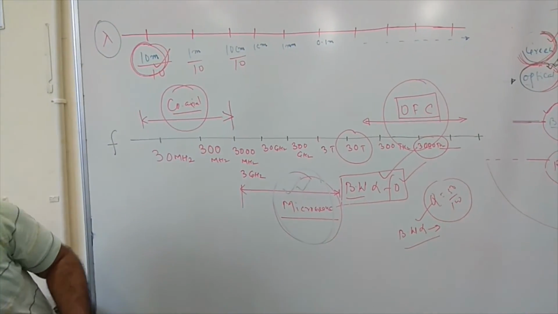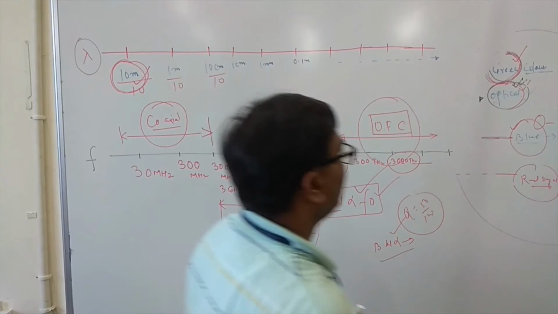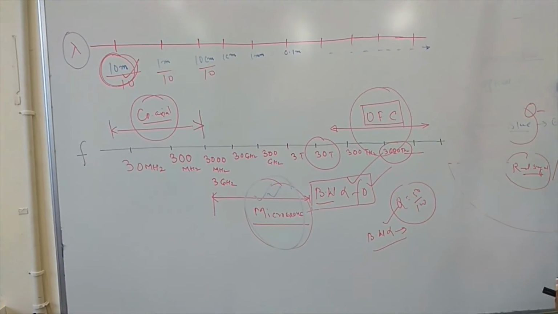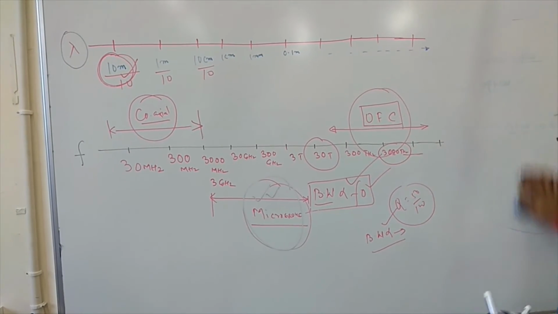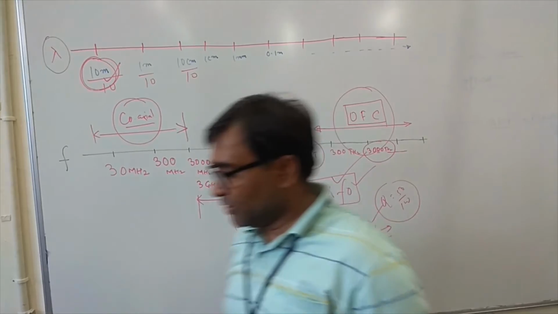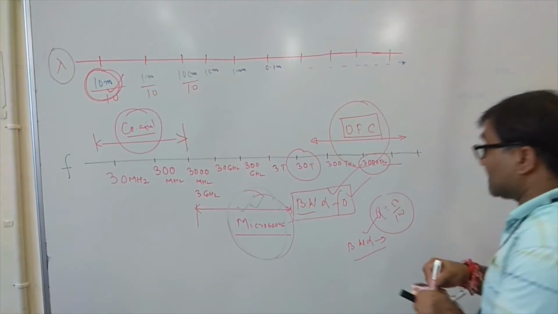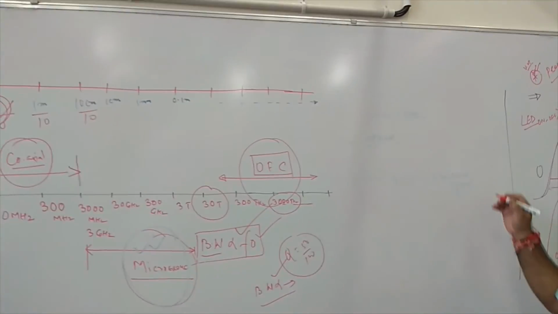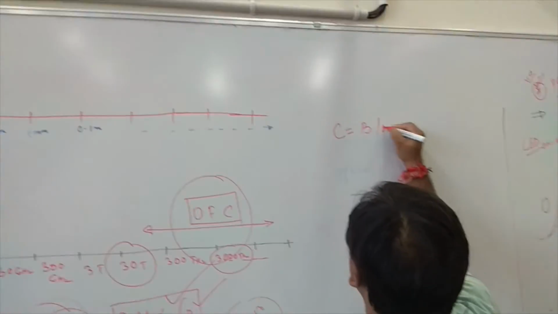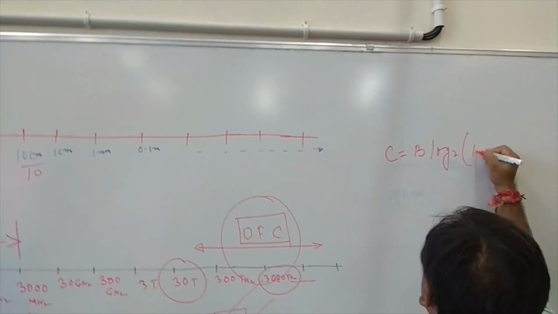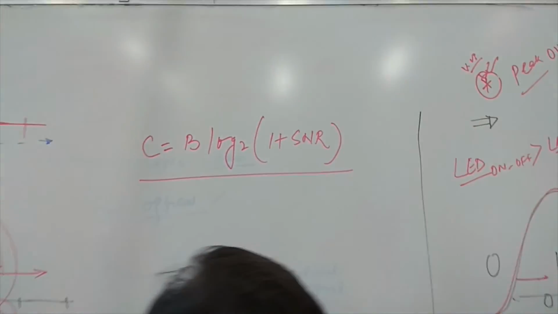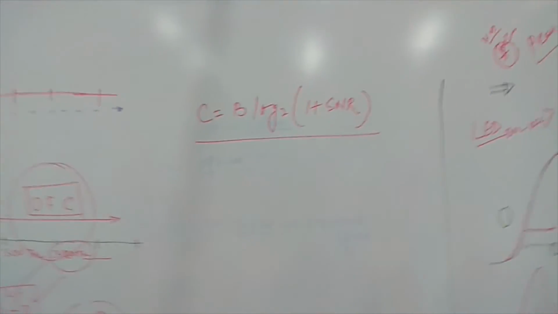Now one, the bandwidth. Second one, what are the other parameters really important for optical communication system? So see here. As per Shannon-Hartley law, you already know the capacity, right? Capacity is B log base 2 (1 plus SNR), right? No doubt you understood this concept.